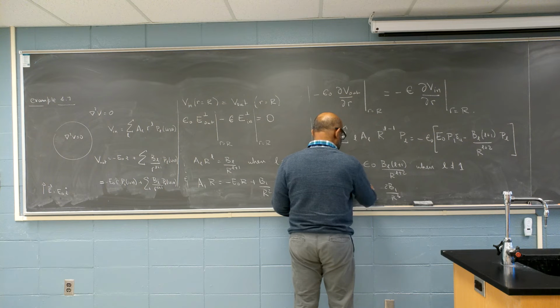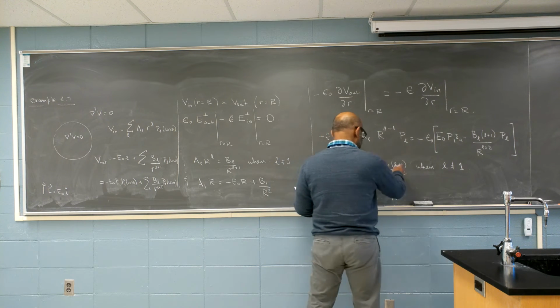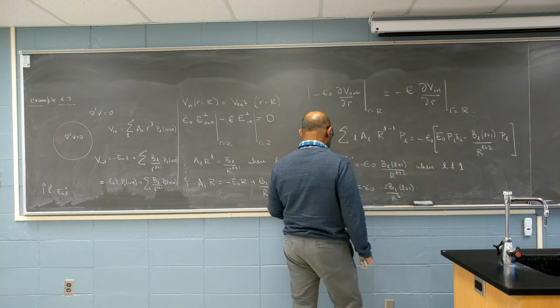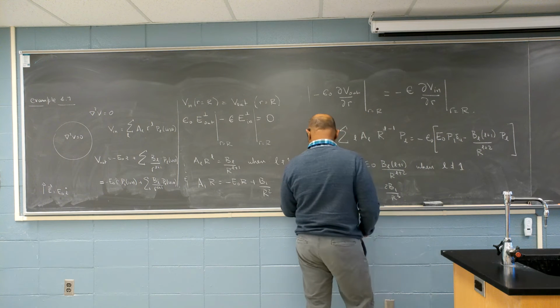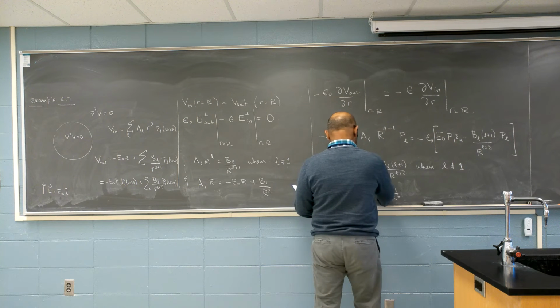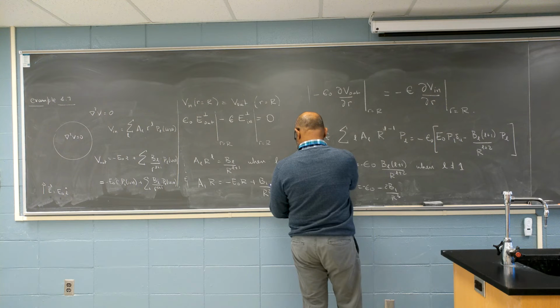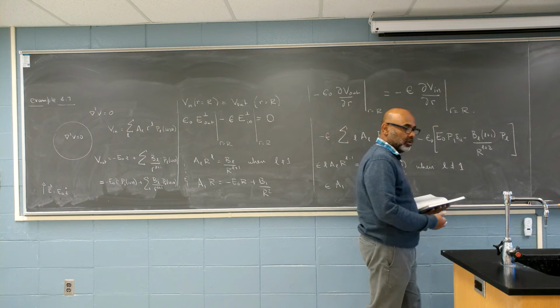It's better to put minus here. Let me make sure. Minus E_0, minus 2B over R cubed, correct? L, A_L, R to the L minus 1, minus B_L. Yep, everything seems kosher.